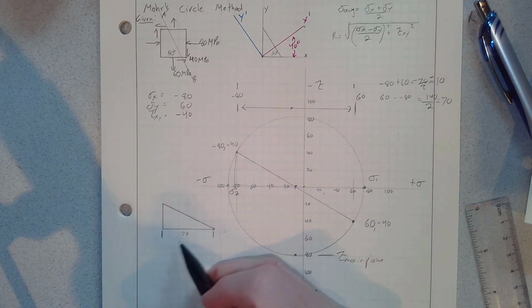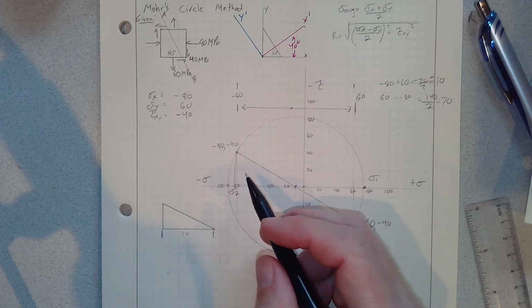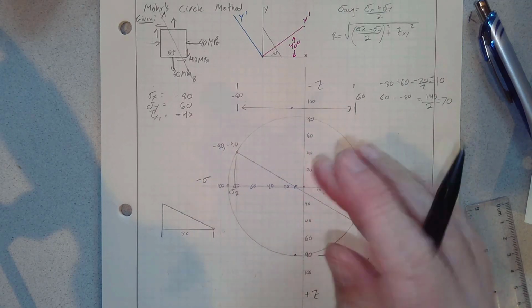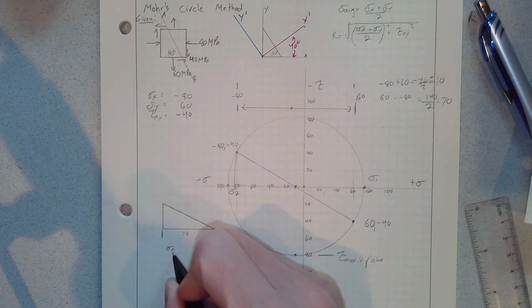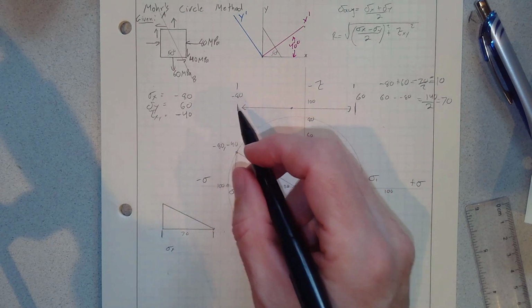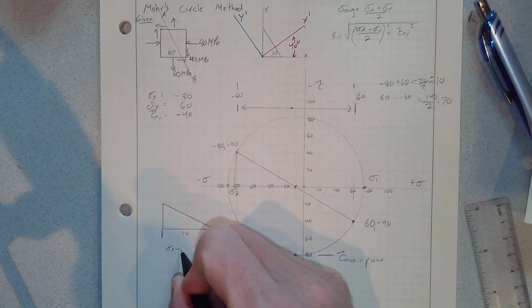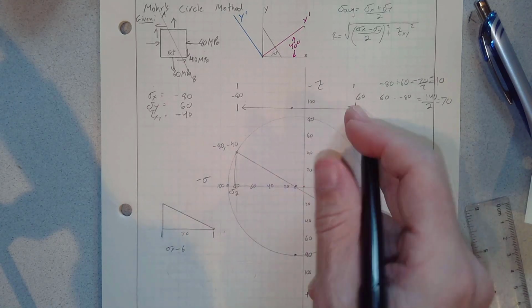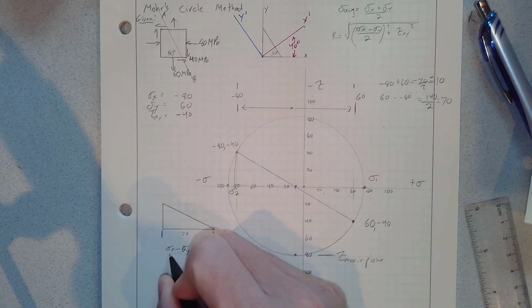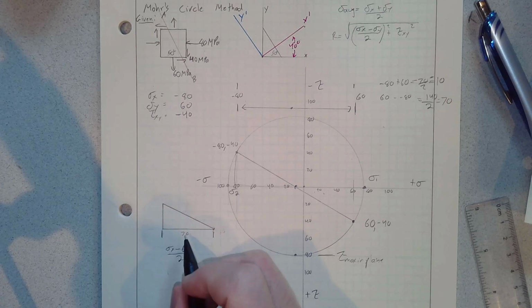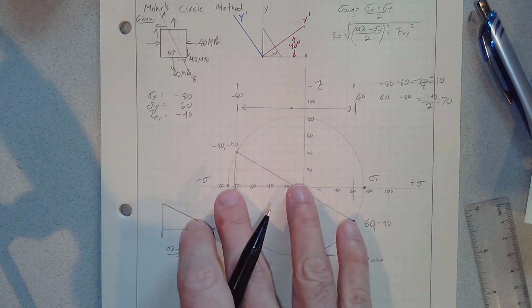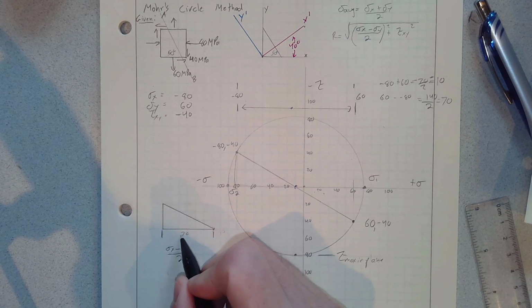But the way we found that, if we didn't already have those numbers plotted out, looking at the triangle, or the whole circle really, that value would be sigma x, that's negative 80, minus sigma y, that's our 60, divided by 2, right? In this case, that would have been negative 80 minus 60 would get me negative 140, divided by 2, so the answer would be negative 70. That's the distance there. Magnitude's really all I care about of that.